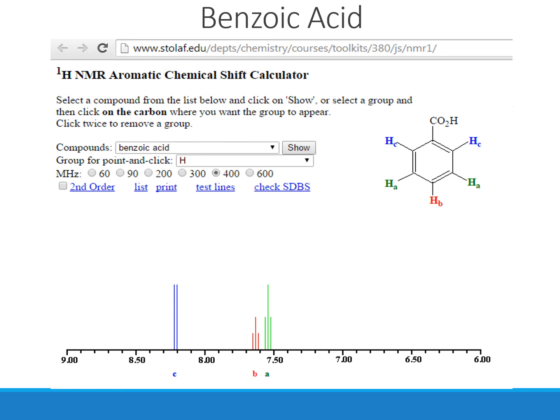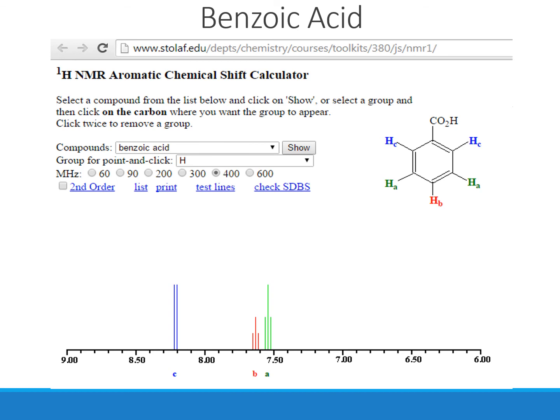I think the purpose here is to show you that you can elucidate the structure of an organic compound from this software, which you can find at this online site, www.stolaf.edu.